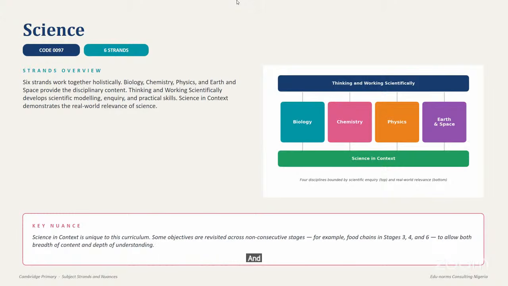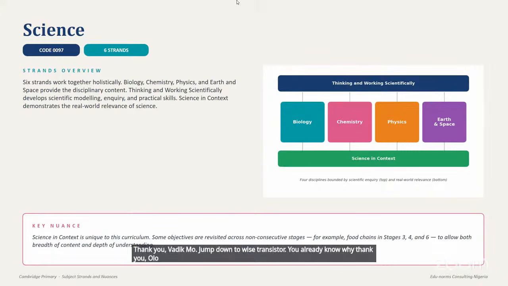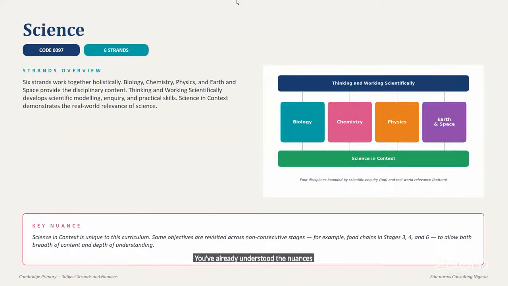And I said I will stop here and jump down to why the strand system. You've already understood the nuances. In fact, no nuance, no space creation.